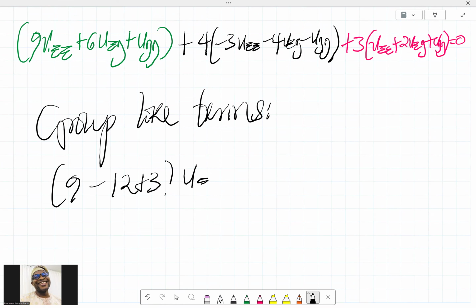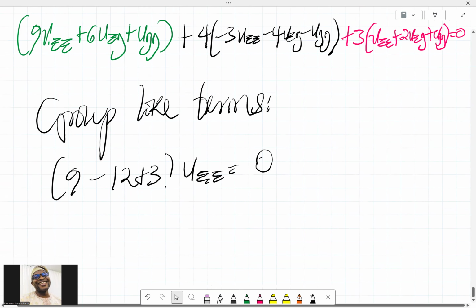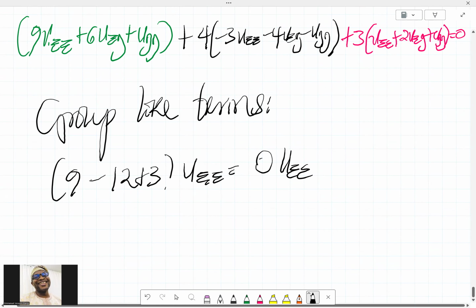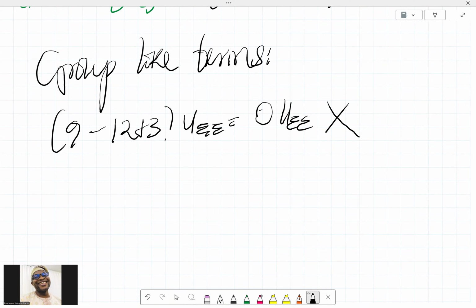So 9 minus 3, 4 times 3 that's minus 12, plus 3, and that is equal to 0 on the right hand side. So if we tidy this up, 9 plus 3 is 12, so this is gone. We don't have anything to do with that.